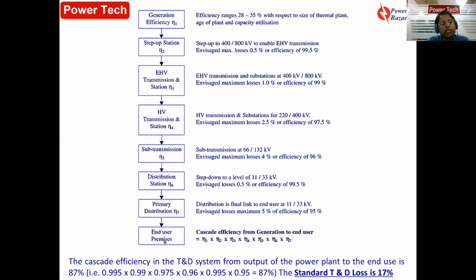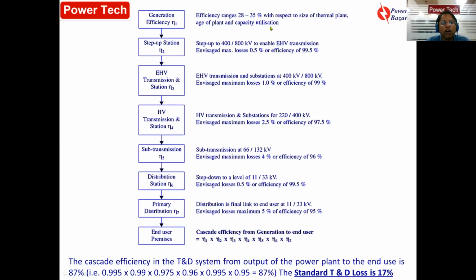So at the end user premises, the cascade efficiency from generation to end user will be N1 into N2 into N3, N4, N5, N6, N7. If I multiply all these efficiencies, I get the cascaded efficiency. For this typical example of the T&D system it is around 87%. How?